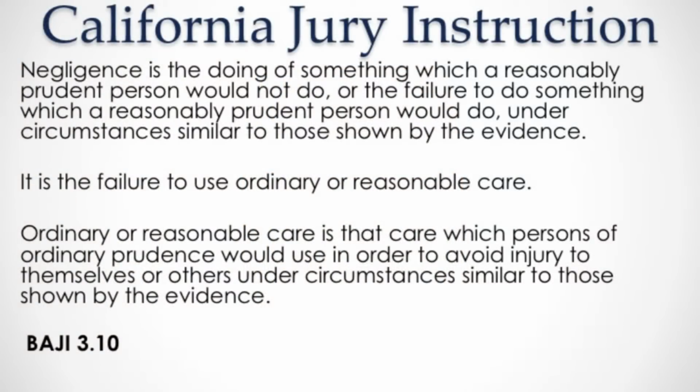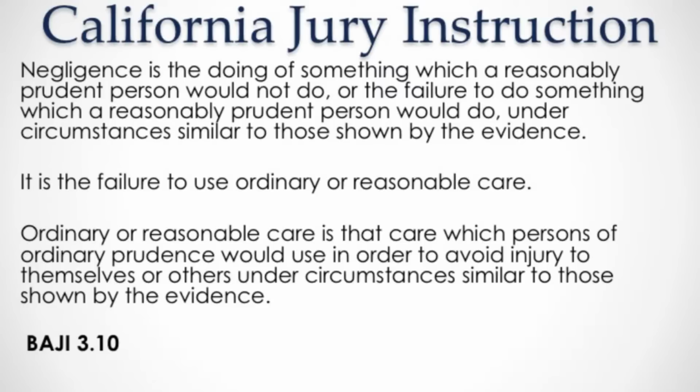Let's go back to California. In their jury instructions, it is defined as: negligence is the doing of something which a reasonably prudent person would not do, or the failure to do something which a reasonably prudent person would do under circumstances similar to those shown by the evidence. It is the failure to use ordinary or reasonable care.